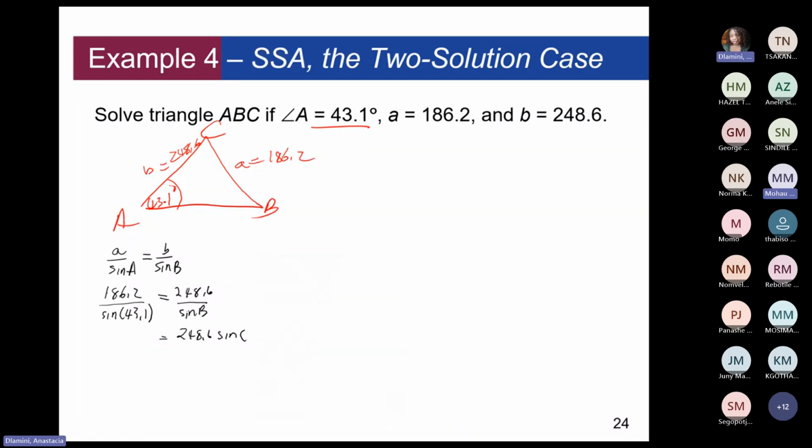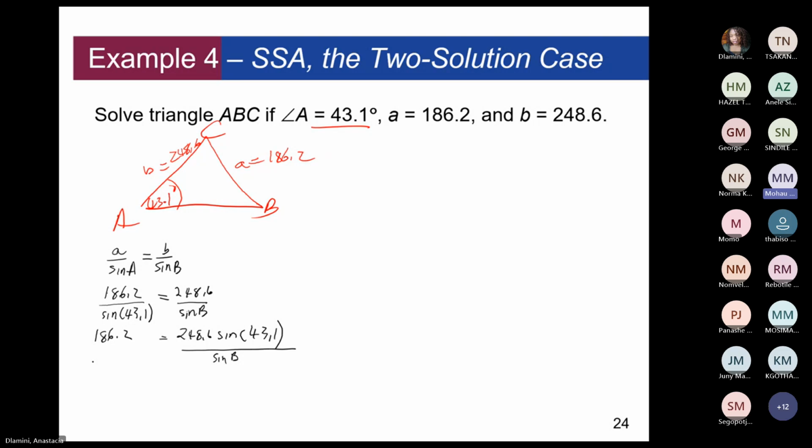Over sine B. And then on the other side, it is still 186.2. So therefore, we're going to cross multiply here.